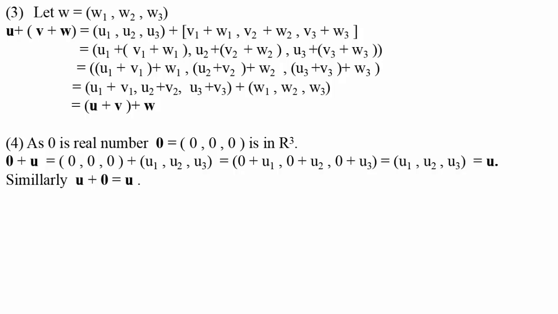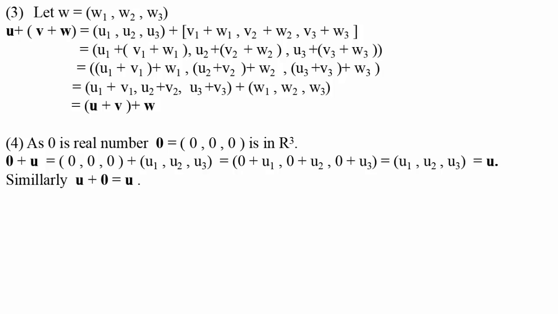As u1, u2, u3 are elements in R, and in the set of real numbers, 0 is the additive identity. 0 doesn't affect the value by adding it to that number. Therefore, 0 plus u1 equal to u1, 0 plus u2 equal to u2, 0 plus u3 equal to u3, and hence 0 plus u becomes (u1, u2, u3), which is the vector u. Thus, we have proved that 0 plus u equal to u.